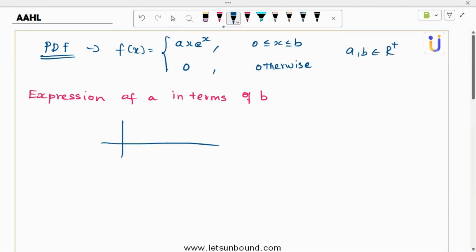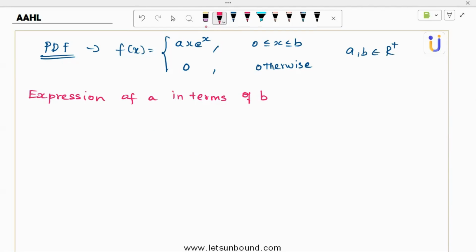If this is your probability density function, the area will be equal to 1. From 0 to b, the area under the curve should be 1. That's the second condition for a probability density function. We are going to apply it, and we will make an expression of a in terms of b.